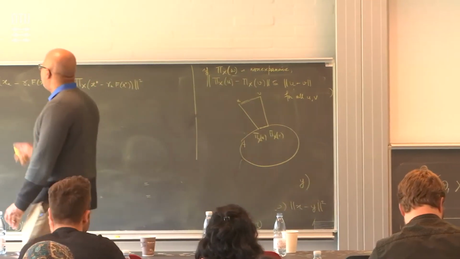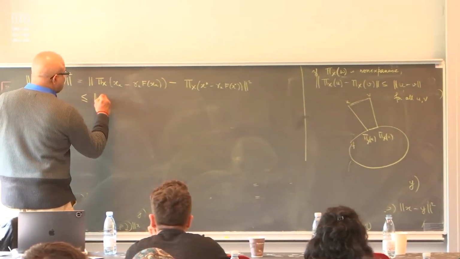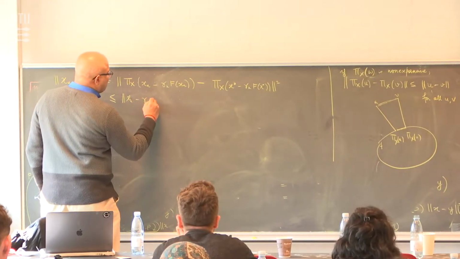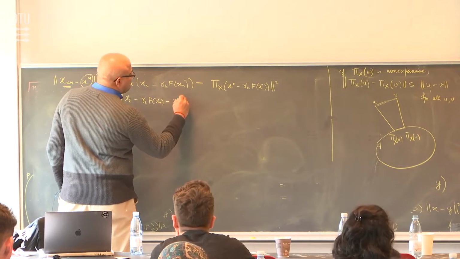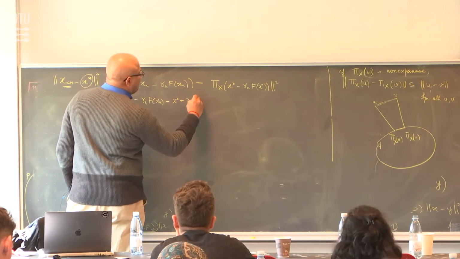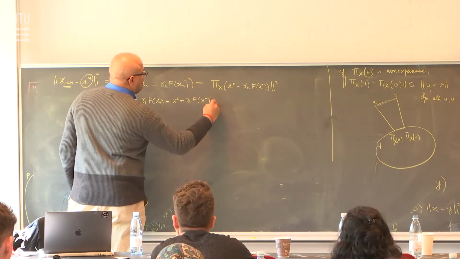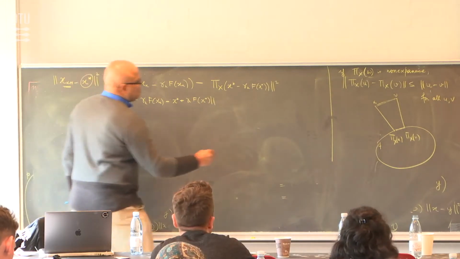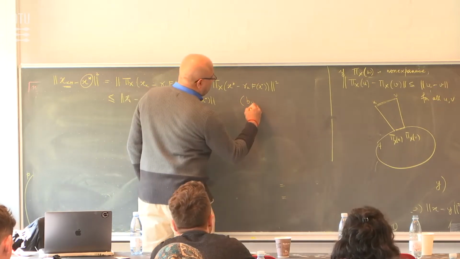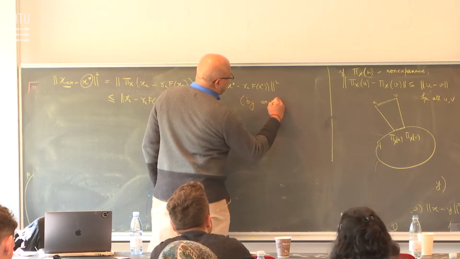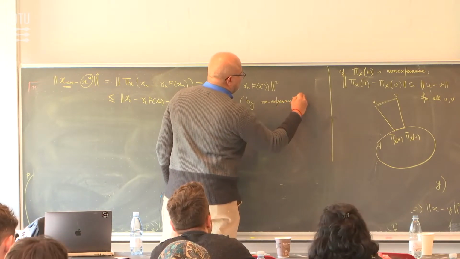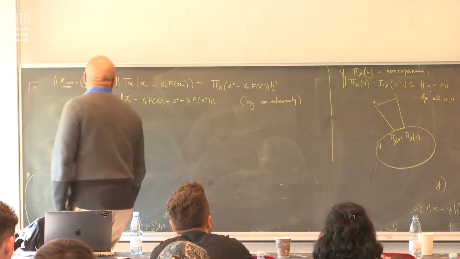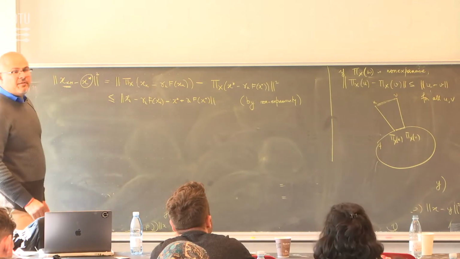So now you can write this as xk minus gamma k f of xk, minus x star plus gamma k f of x star, by non-expansivity. Everybody with me?